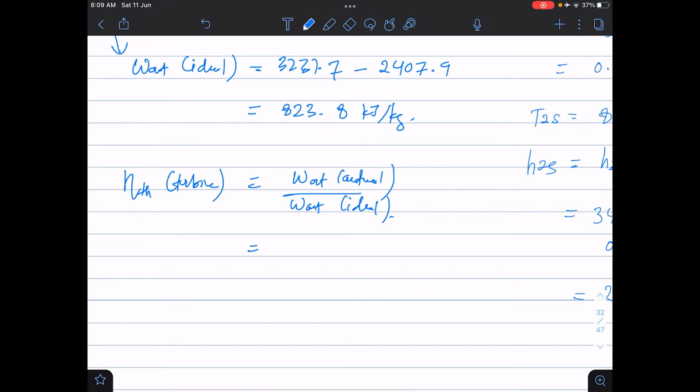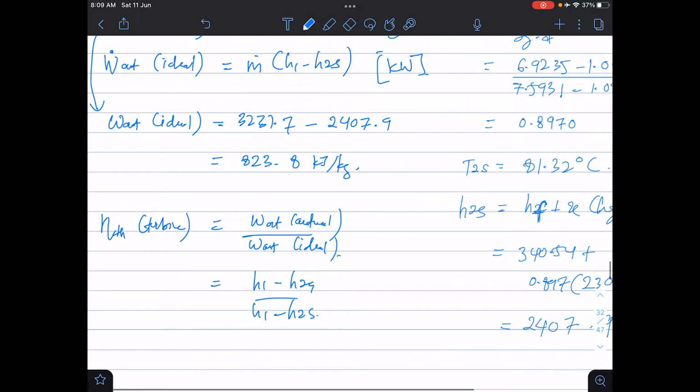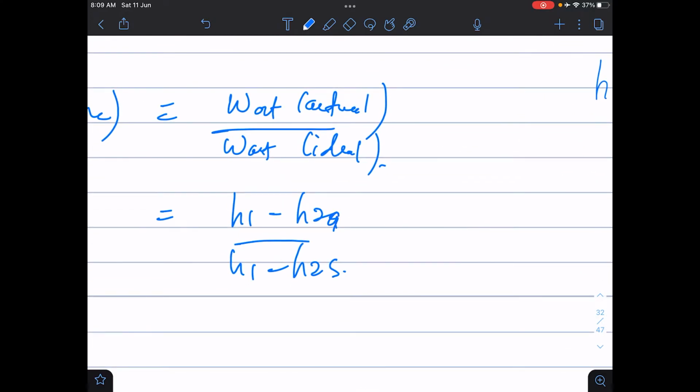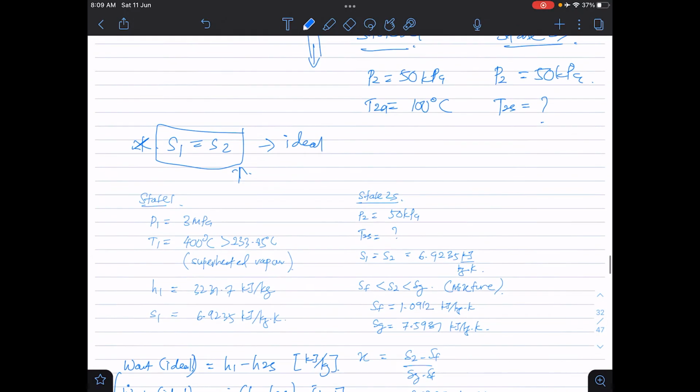So this is equal to H1 minus H2a over H1 minus H2s. Since we still don't have the actual enthalpy at state 2a, we need to find this first.